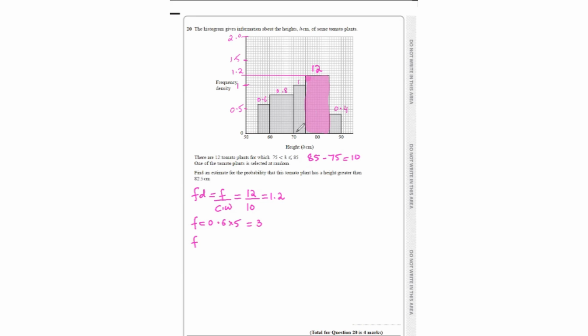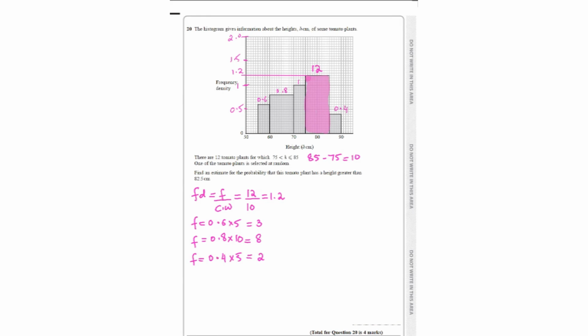Then for 60 to 70, it's going to be 0.8 times 10, which is 8. Then for 75 to 85, we already know the frequency, which is 12. But for 85 to 90, it's going to be 0.4 times 5. That's equal to 2. So these are the frequencies.